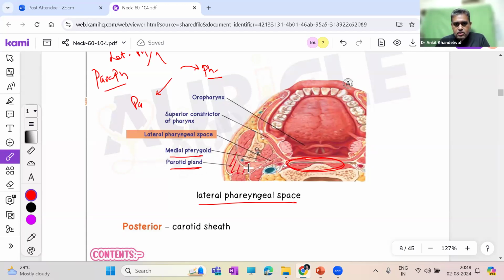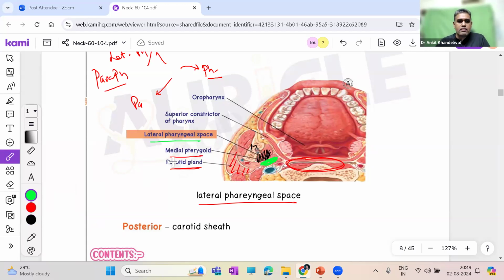So you can understand the parotid gland, and also look at this muscle over here. And this is the mandible, and this will be the medial pterygoid muscle. And therefore, you have this space over here. It is already labeled over here. This area over here is the lateral or the parapharyngeal space.